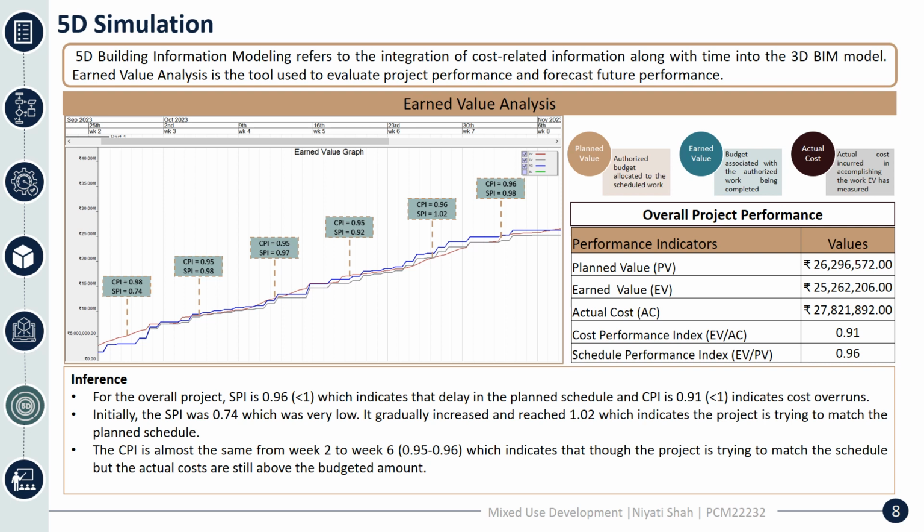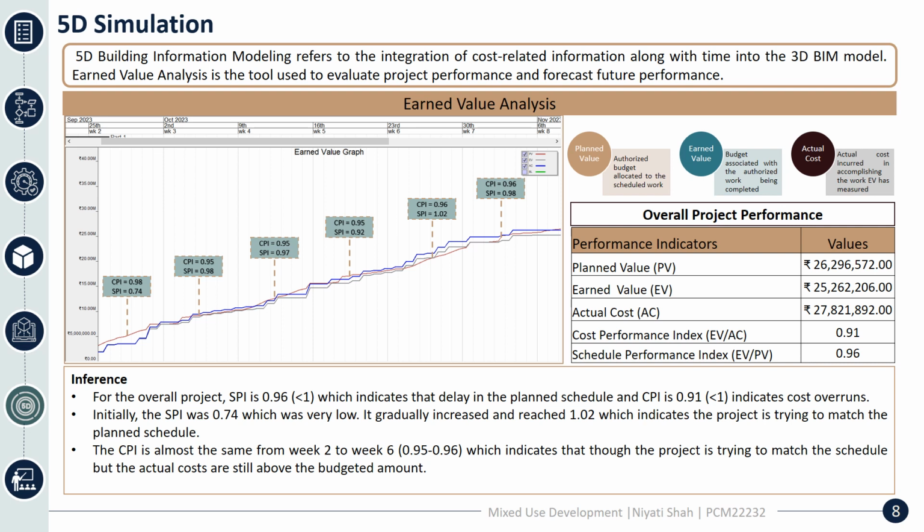Now if we look gradually over 6 weeks, initially the SPI was 0.74, which is very low. The actual progress was far behind the scheduled one. It gradually increased and reached 1.02, which shows that the project is trying to match the schedule.